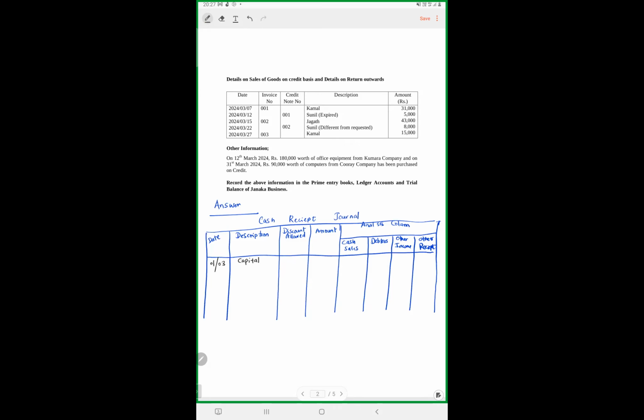The amount is 300,000. So the business is receiving 300,000, not from cash sales, debtors or other income. That is a result of capital investment. Therefore we need to include that in other receipts.